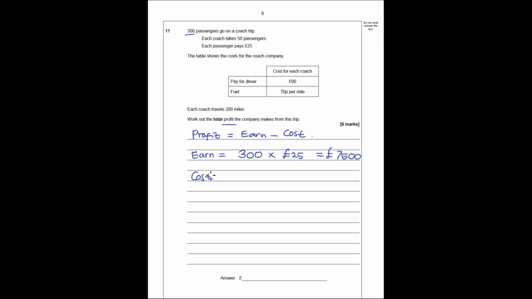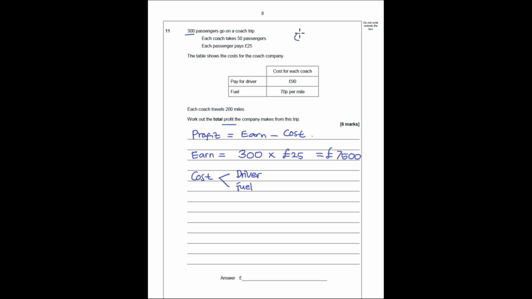The cost, they have to pay for the driver and the fuel as well. So they have to pay two things. One is for the driver and one is for the fuel. How much do they pay for the driver? They pay £90 for each coach, but we know it's not only one coach because they have 300 passengers and each coach just take 50 passengers.